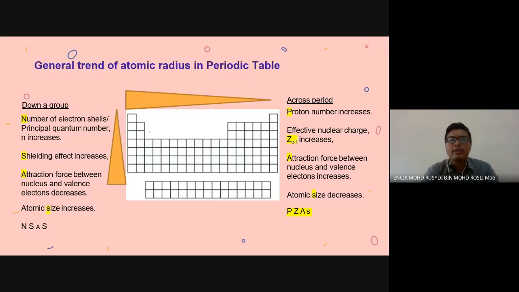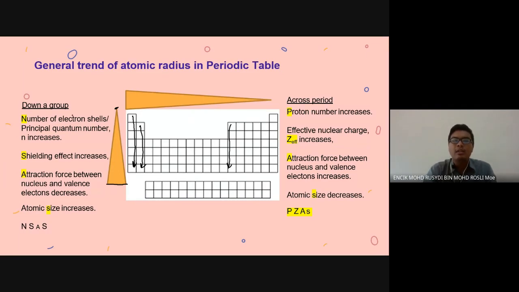Okay. So let's look at going down the group. So nampak tak ada buat macam segitiga, atas dia kecil, bawah dia besar. Okay. So this shows the trend of atomic radius when going down a group. Okay. So going down the group, tak kisahlah group 1 going ke bawah, group 2 going ke bawah, group 13 and so on lah.